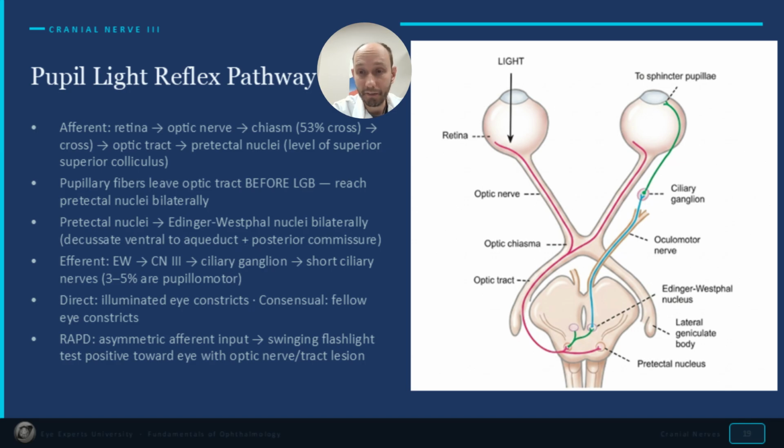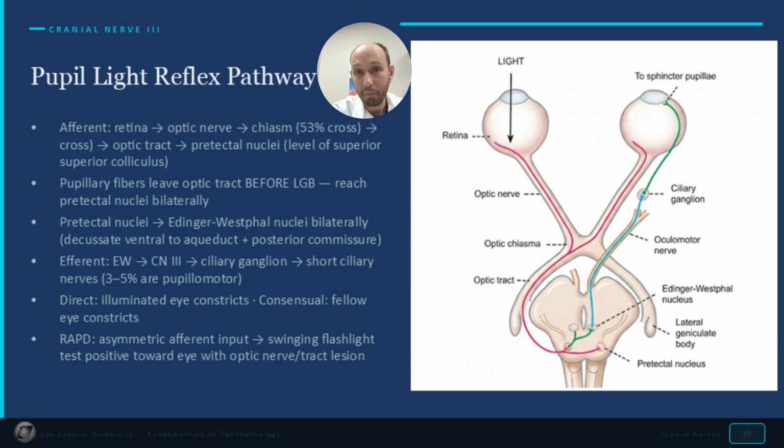So the light hits the retina. They will then travel ipsilaterally if we are testing one eye, but there's also contralateral fibers that again will decussate at the chiasm. All the nerves will then go to the Edinger-Westphal nucleus, which then has a bilateral innervation, and then it's going to send the efferent branch through the cranial nerve 3 into the ciliary ganglion and cause the pupil to constrict.